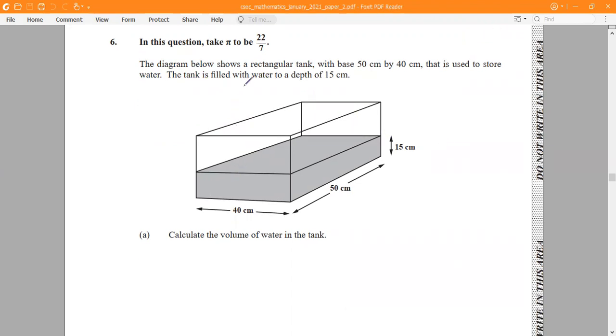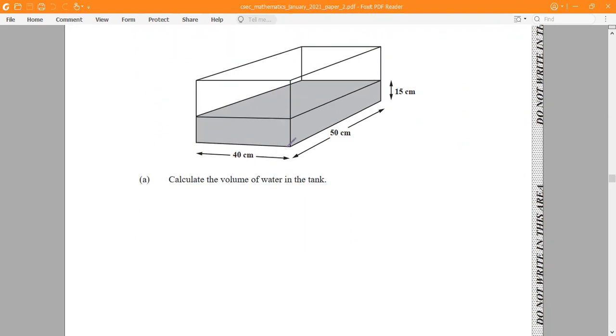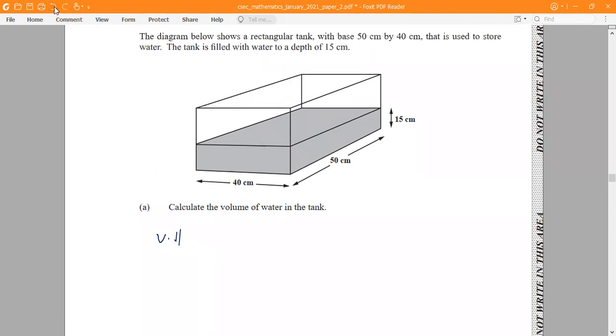So we are told that the tank is filled with water to a depth of 15 centimeters. Calculate the volume of water in the tank. So volume of water in the tank, the length by breadth by height.